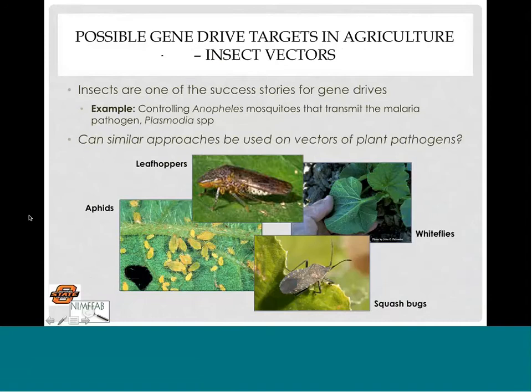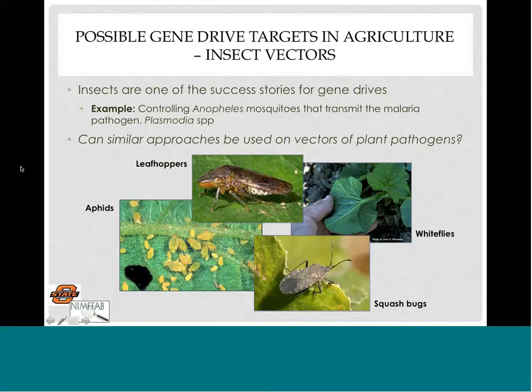Now, moving on to insects, obviously insects are one of the success stories for gene drives with the mosquito work, etc. The question I pose here is whether similar approaches can be used on vectors of plant pathogens. Many bacterial diseases and virus diseases particularly are transmitted by just a variety of different insects, leafhoppers, aphids, whiteflies, squash bugs, etc., mites.